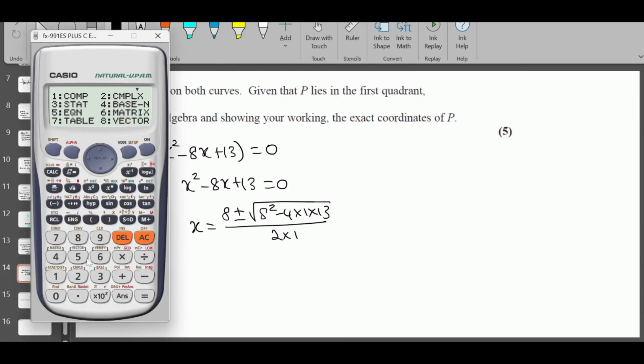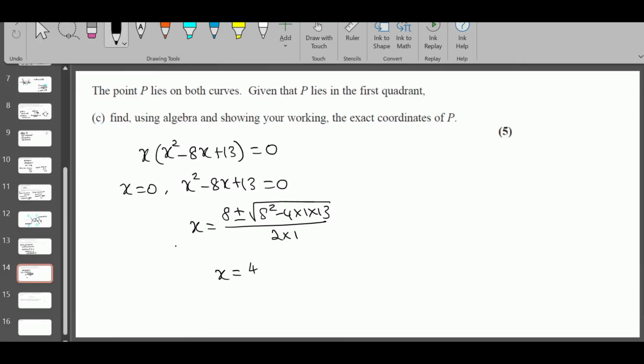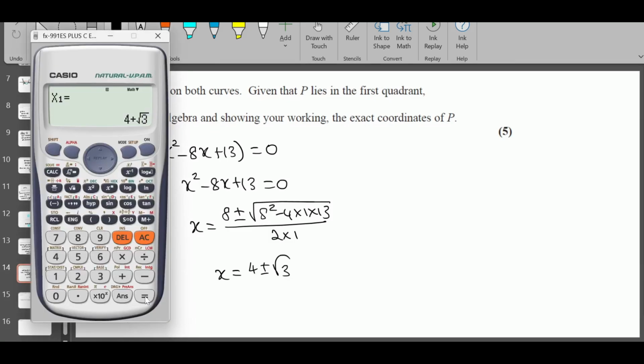And then I'm gonna straight away use my calculator. 1, minus 8, 13. X is equal to 4 plus or minus root 3. 4 plus root 3 is a positive number. 4 minus root 3 is also a positive number. Both are positive numbers.